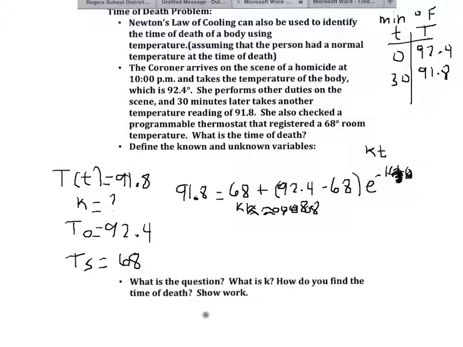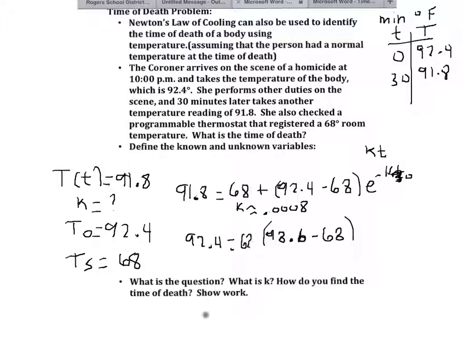now, because now the initial temperature could be 98.6 at the time of death, should be the normal temperature of a body. We're just going to assume that, subtract 68. We're going to find that first, and then we also know that at 30 minutes later, 92.4 at that 10 p.m. is going to be time t.